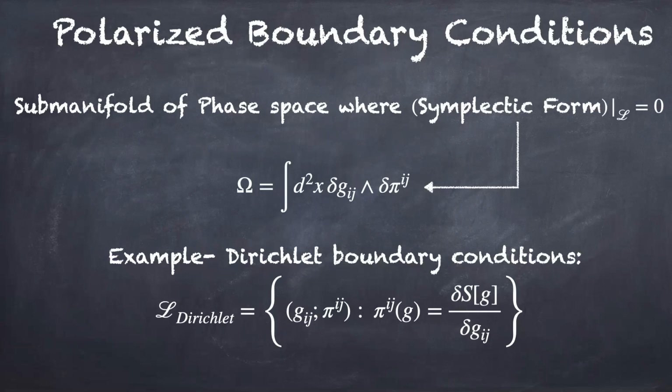In other words, there is some symplectic potential omega, which is an integral over a symplectic form over the boundary that we specify must vanish under particular conditions. So, for example, how this works in Dirichlet boundary conditions is we specify the metric G at some cutoff surface, and then the conjugate momentum pi, which is just the functional variation of the action with respect to G_ij.